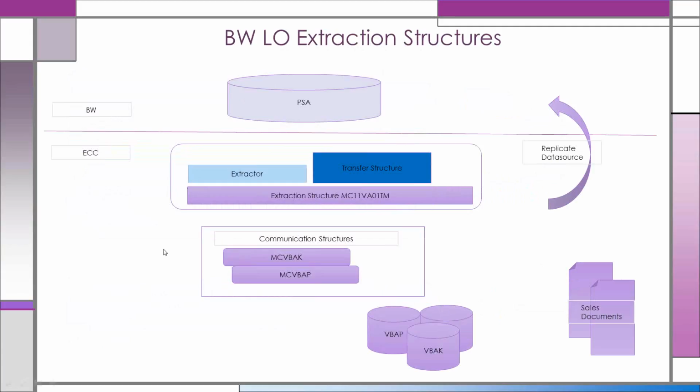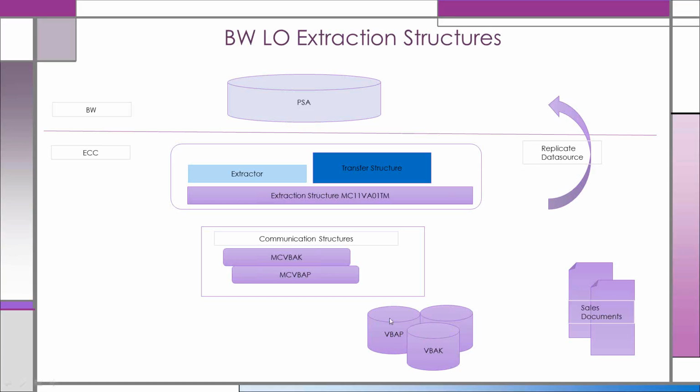So here, if you see, this is the systematic representation of how the data is being extracted from ECC to BW. So what happens first is a sales document is created, right? Sales document is created means the data is stored in the tables VBAK, VBAP, all the different sales document tables.